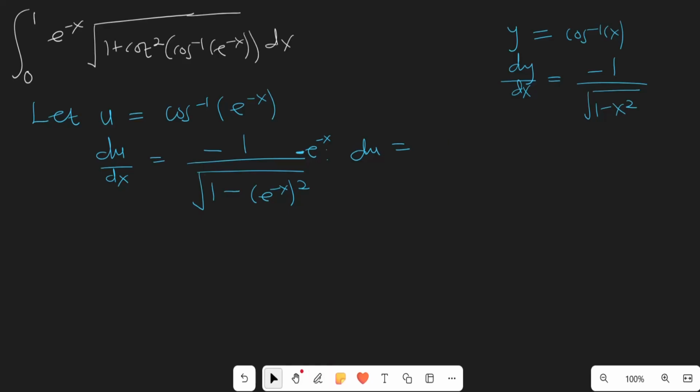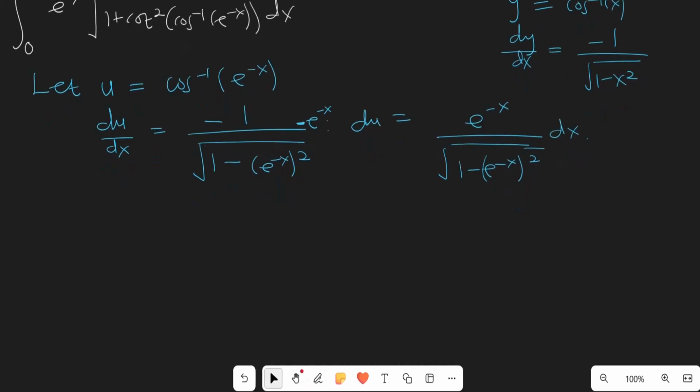So in that case, du is going to be positive e to the negative x over the square root of 1 minus e to the negative x squared dx, because negative divided by negative is positive. In that case, our dx becomes the square root of 1 minus e to the negative x squared times du all over e to the negative x.